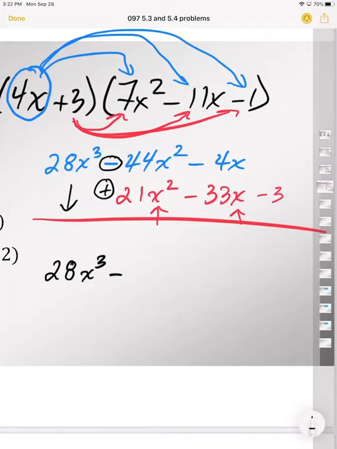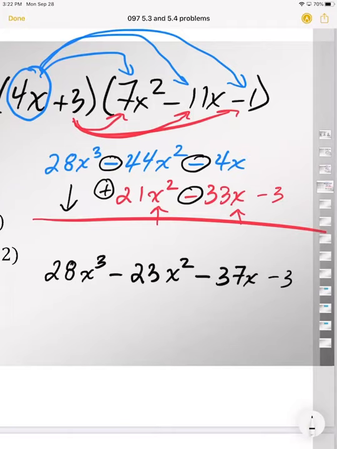The larger number is 44, so the sign would be negative. 44 take away 21 gives me 23. Bring down my x squared. And same sign, I need to add and keep the sign. So in this case, the sign will still be negative. 4 plus 33 gives me 37. Bring down my x. And my lonely constant, my negative 3, I need to bring it down.